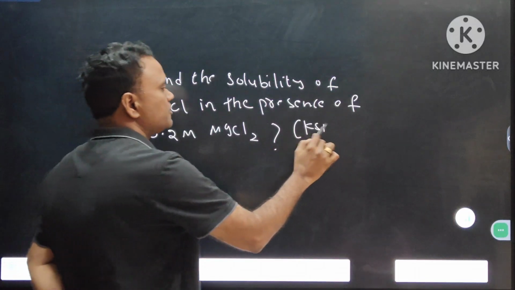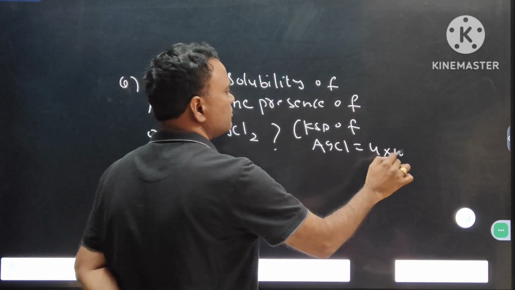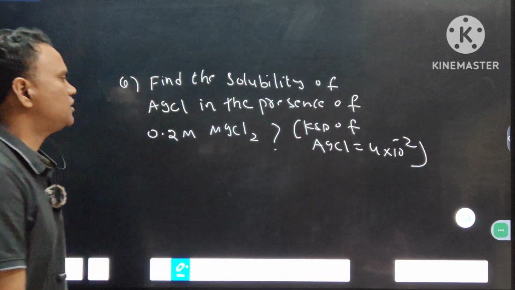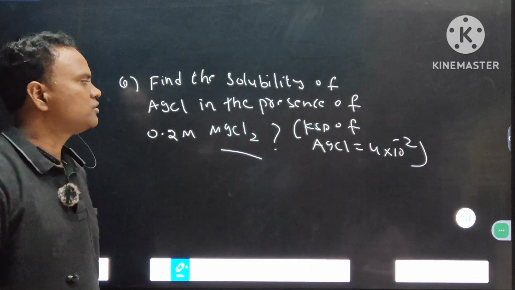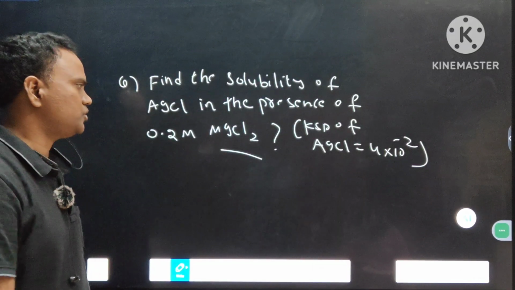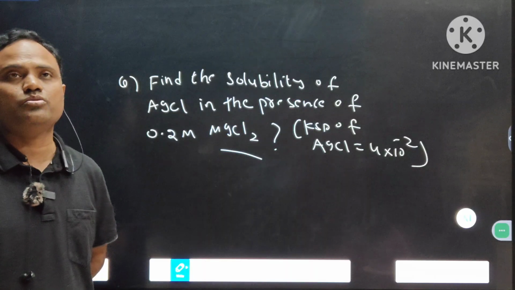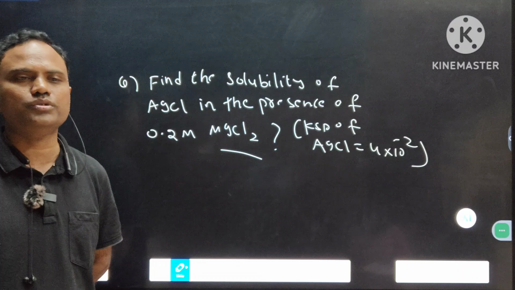Within the bracket, KSP of AgCl is equal to 4 into 10 power minus 2. Here the strong electrolyte is MgCl2. Before that I took NaCl only, like AB types also I took. Here it is AB2 type, MgCl2. If 2 is there, then how to take?